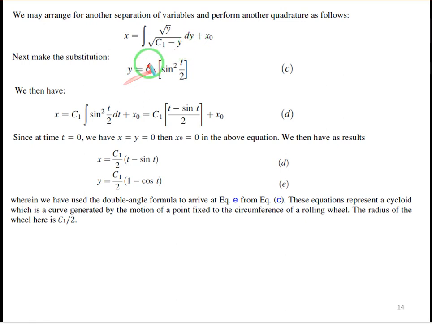For example, for these equations, by doing some change of variables, I can substitute y by this expression and show that x and y can be calculated by these formulas, and these formulas are easily a cycloid formula, which shows a curve generated by the motion of a point fixed to a rolling wheel, which is rolled along the x-axis.